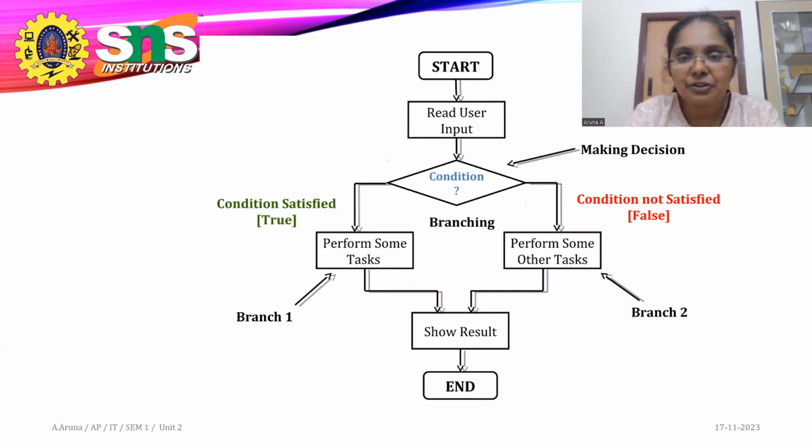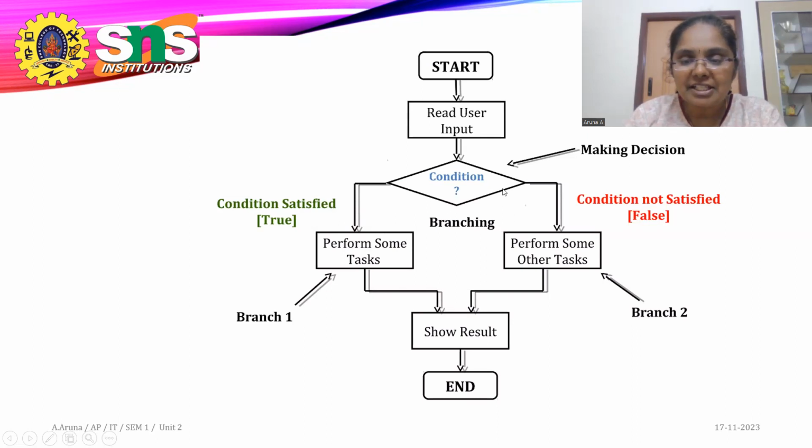This is the basic example I quoted here. There is a general flowchart showing how a decision can be taken. First, the process is started. After that, we get an input from the user. Based on the problem, we check the condition. Here the branching takes place, that is, the decision is taken. If the condition is satisfied, it performs a certain task and prints some result.